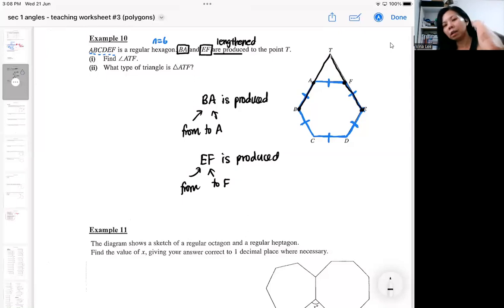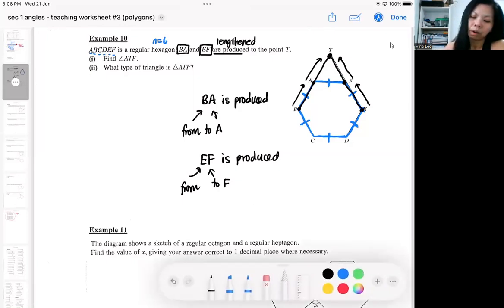So the question is saying that BA produced and EF produced, they are produced until they reach a point T. So B to A, you make it longer; E to F, you make it longer until both of them meet at T. So that's what the question is trying to say.